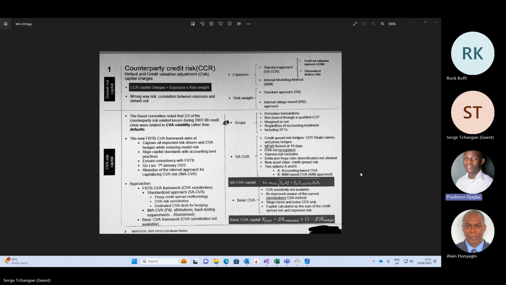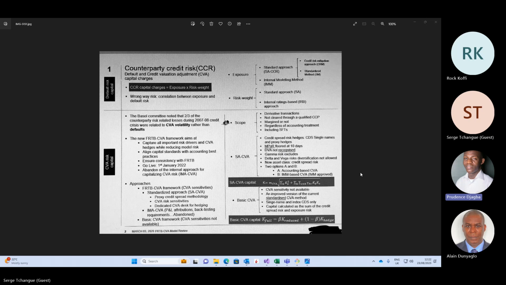Okay. So from what I'm seeing now, and what you were explaining earlier, there is a big difference between the counterparty at default and the CVA risk.